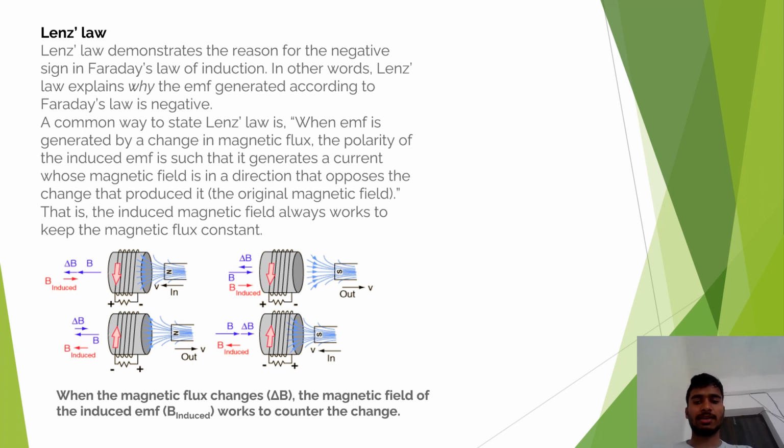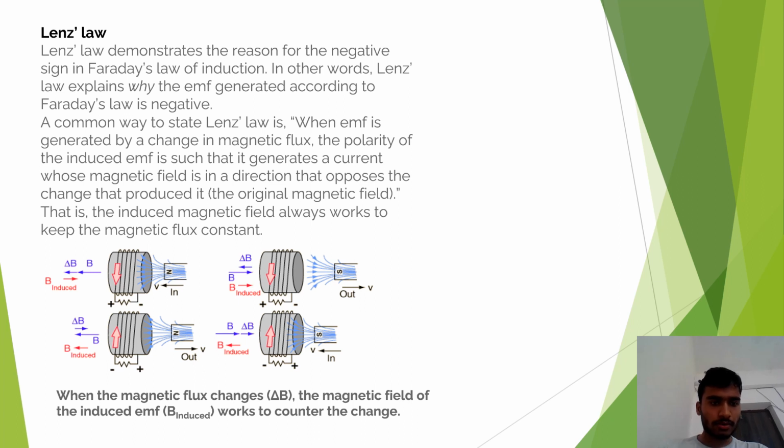Here is the diagram that illustrates Lenz's law perfectly. In this first diagram, the magnet is placed near this loop and is going towards it, and flux is being induced; and if it is moving away from this loop, the opposite happens.